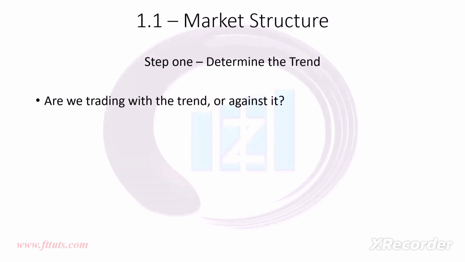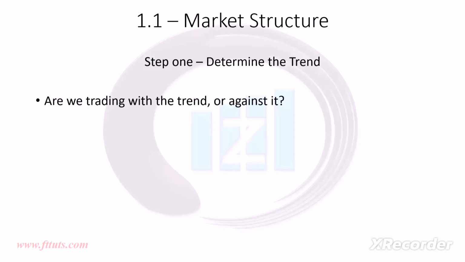You're going to be able to take more money off the table with a trending trade, but that doesn't mean that we won't have our opportunities to take our counter trend trades. It just means that we need to know, are we taking a trending trade or are we taking a counter trend trade? We need to identify that right off the bat.